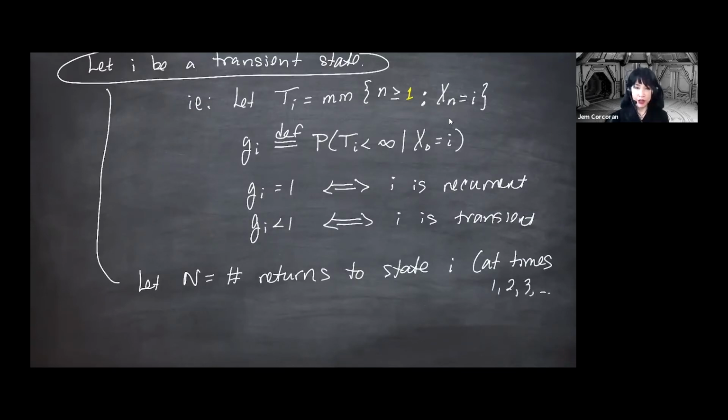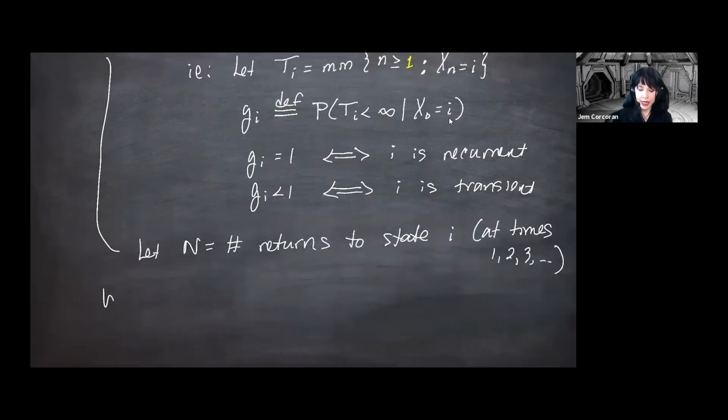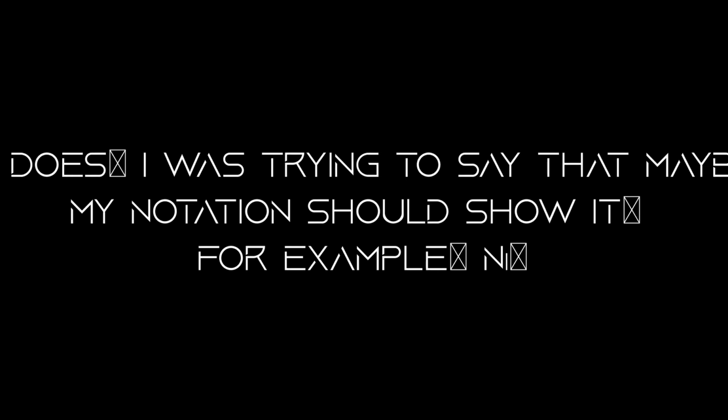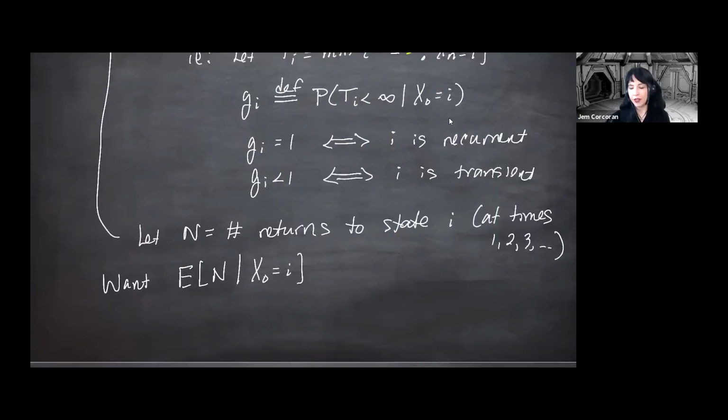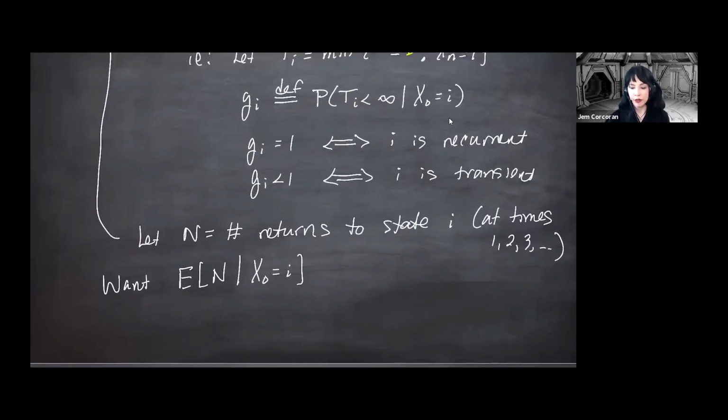And because it's returns, we're going to condition everything on starting at state I. So for a transient state, I want the expected value of the number of returns given that we're starting at state I. Maybe my n should have some dependence on I, but I'm just going to stick with this. So n is the number of returns to state I given that we've started at state I.